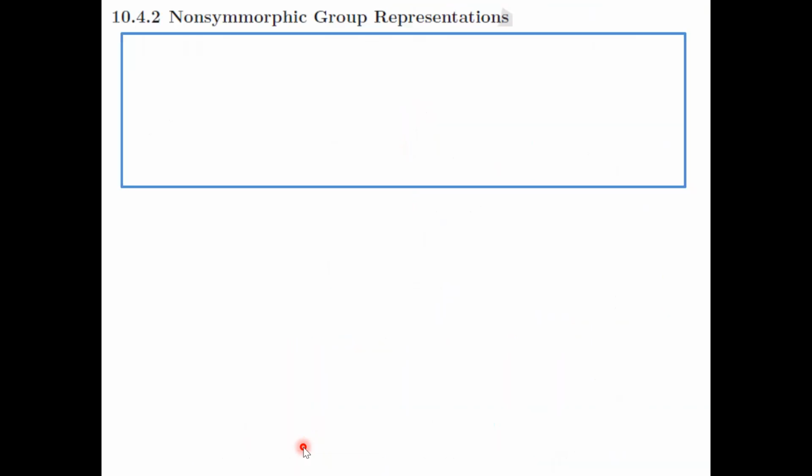Okay. So this is the case for symmorphic groups. For non-symmorphic groups, this is slightly more complicated, but it's still very simple in the sense that the character associated to a given k point and associated to a given irreducible representation, gamma i, and for a particular space group compound operation that involves point group operation alpha and a translation tau, is going to be equal to e to the i k dot tau, and then the character for the point group operation.